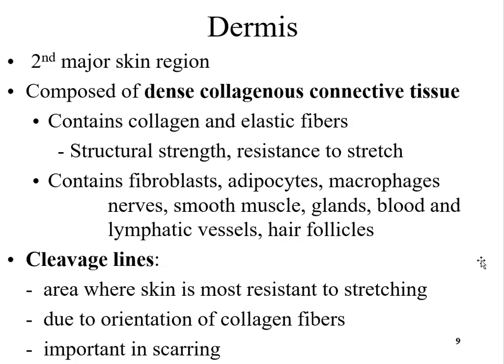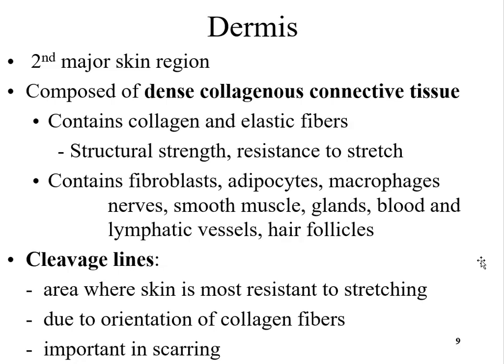And if we want to get technical, it's irregular collagenous connective tissue, packed dense with collagen fibers that are going in multiple directions to give us strength and resistance to stretching and tearing in multiple directions. To give you an idea, if you are familiar with leather, that is the dermis of a cow or another animal. So you can kind of get a feel for how tough this tissue is while still maintaining a lot of flexibility and ability to move.